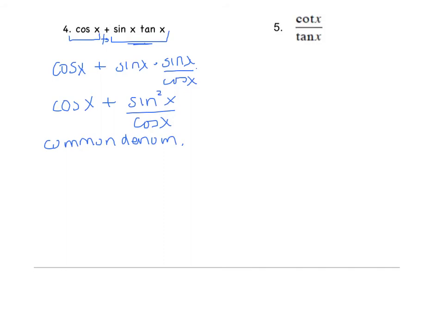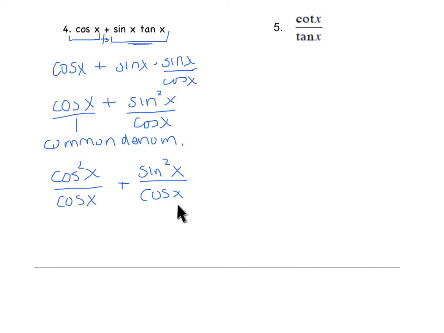And the common denominator, since this is 1, is going to be cosine x. So I write cosine x here plus, this one already is cosine x, so I'm done with this fraction, right? But I had a cosine x up here. If I add that, cosine squared, if I reduce this fraction right here, I'm going to end up with what I started with. So it's correct.